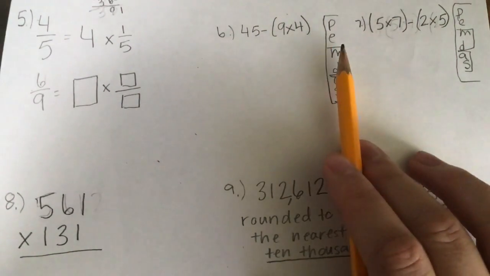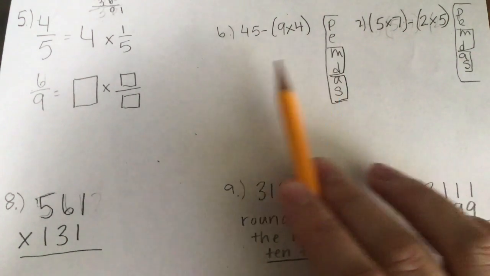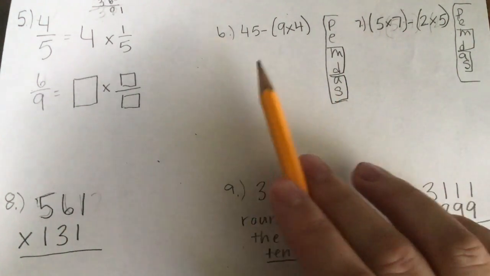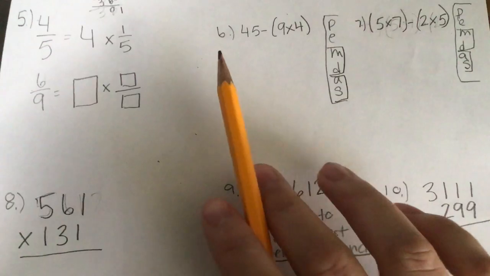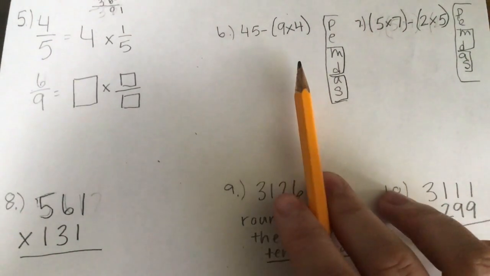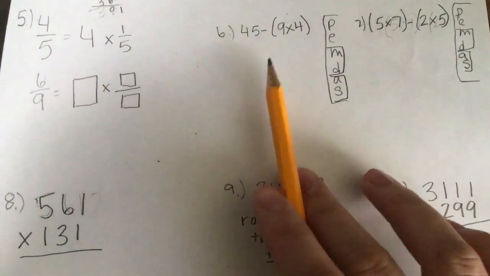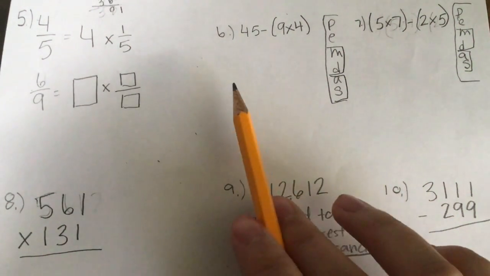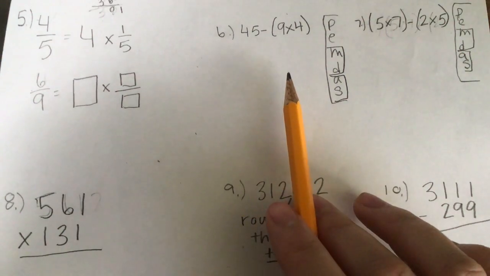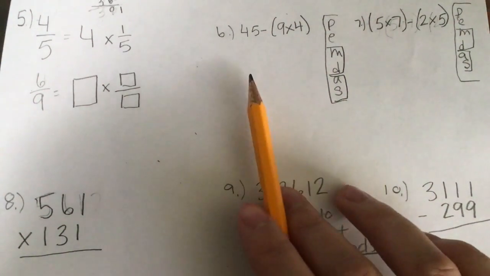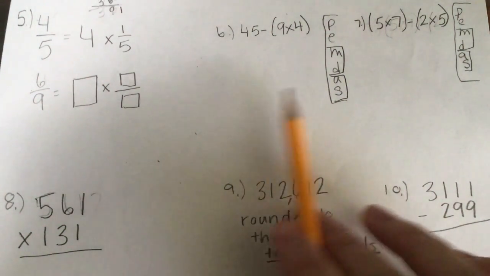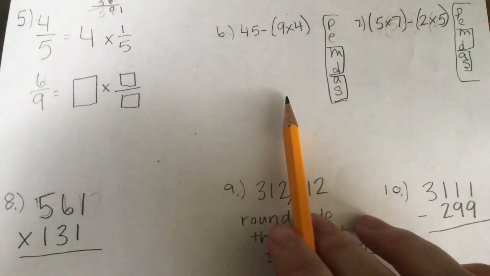okay? If we have multiply and divide, and that's all we have left, you read it from left to right. You solve it from left to right. You don't do the multiply and then the divide over here. If it's division and multiplication, you do division first and multiplication second. Same goes for adding and subtracting. If you have only adding and subtracting and you don't know which one to do, you do it from left to right.